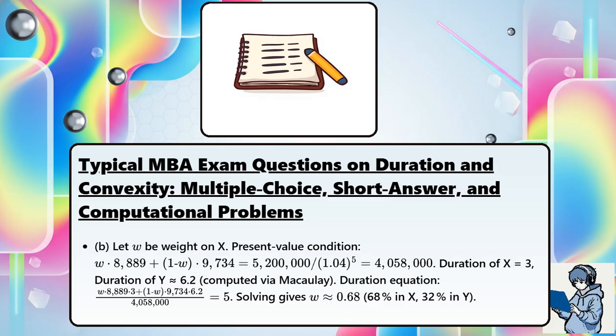Duration equation: the numerator W times 8,889 times 3 plus (1 minus W) times 9,734 times 6.2, divided by 4,058,000, equals 5. Solving gives W approximately 0.68, 68% in X, 32% in Y.